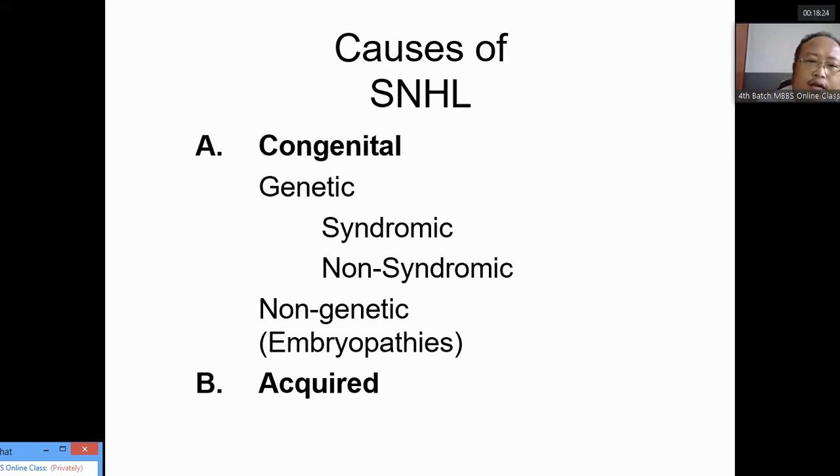Congenital is divided into genetic, and further into syndromic and non-syndromic, and non-genetic will also be a cause of sensorineural hearing loss.